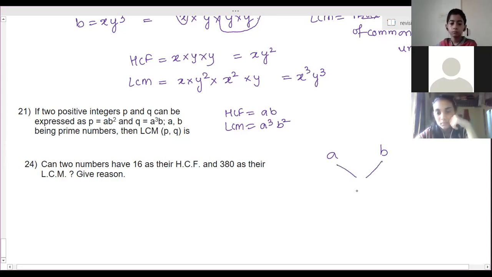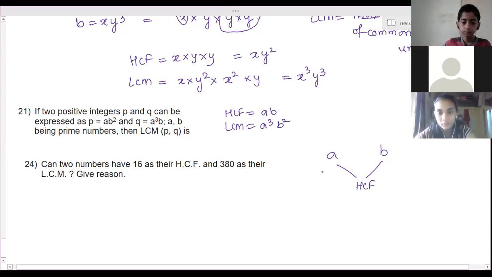So HCF is always lesser than A and B or equal to the least of these two. If A is smaller, then A might be the HCF. If B is smaller, B might be the HCF. But HCF cannot be greater than A and B both. Clear? So HCF I will write always below these two numbers.